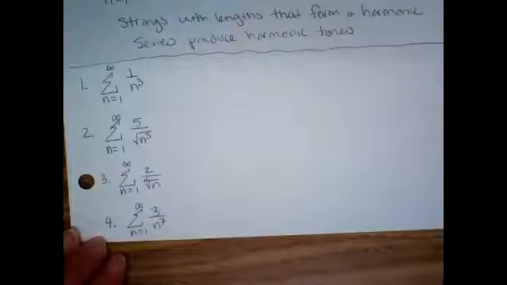Honestly, the hardest part is figuring out what P equals if you have a root in there, because I know that kind of throws everybody off. Sum from 1 to infinity, 2 over the 4th root of n.